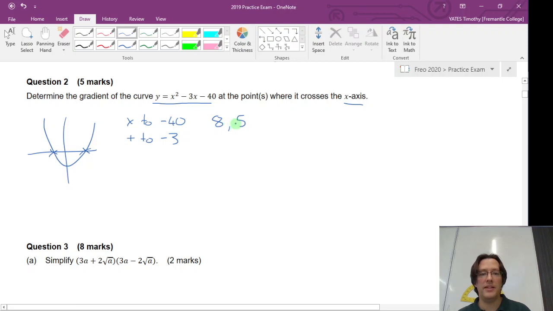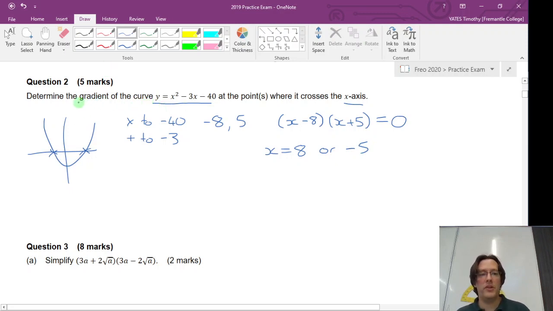One of them is going to be negative. We've got a negative addition here, so the larger one is going to be the negative one. So we end up with x minus 8, x plus 5, and we want that to be equal to 0 when it crosses the x-axis, so x is going to be 8 or -5. So those are our 2 points where it crosses the x-axis.